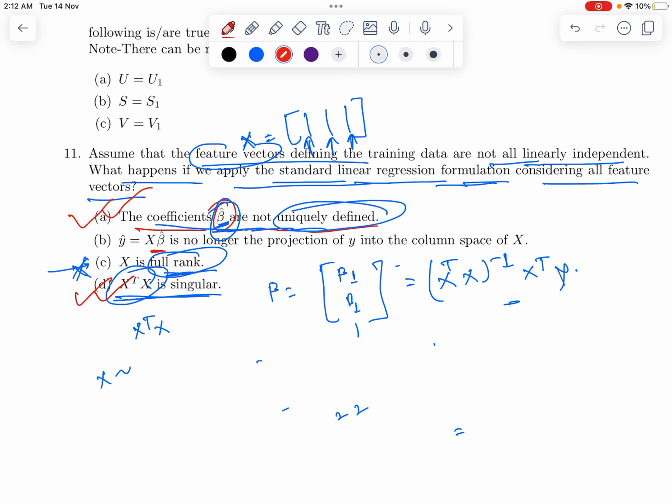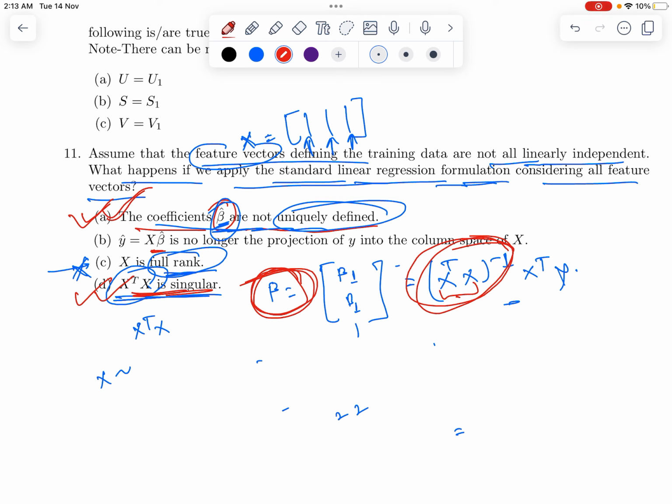Because this X transpose X is singular, so we cannot find its inverse. If the inverse does not exist, then you cannot define b uniquely. So option A is correct.